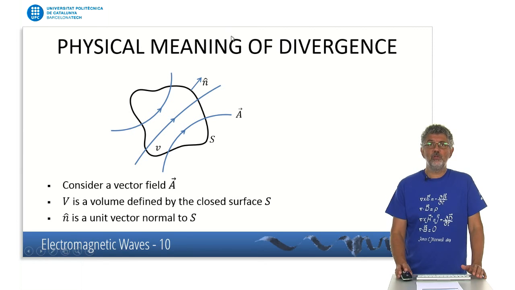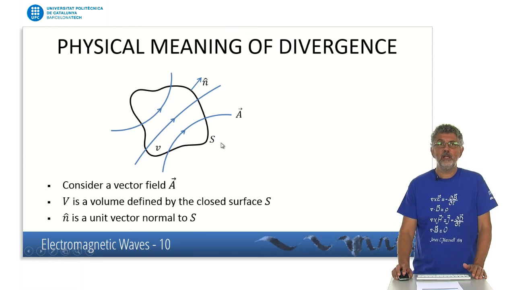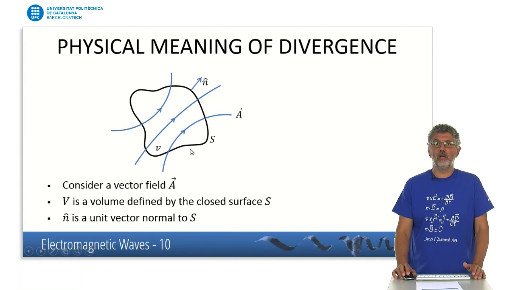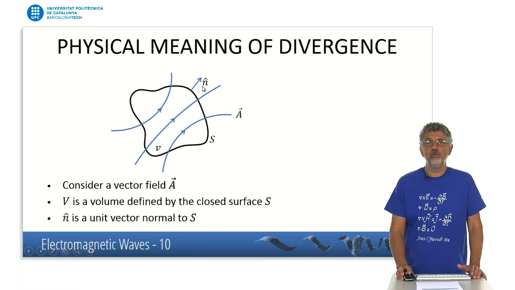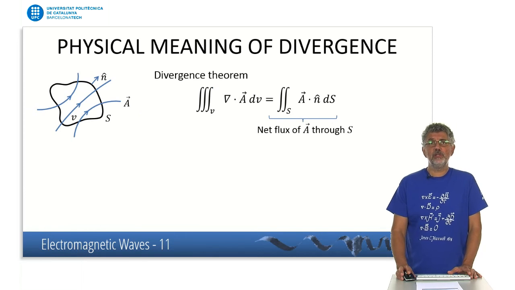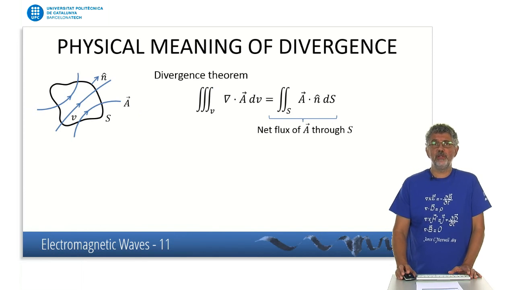For that, consider the present case in which you have a certain vector field A, and here we are just plotting the field lines. Then we define a volume V, which is defined by a closed surface S, and then we have the vector N, which is a vector normal to the surface S. In that situation, we have what is called the divergence theorem that sets the following relationship.